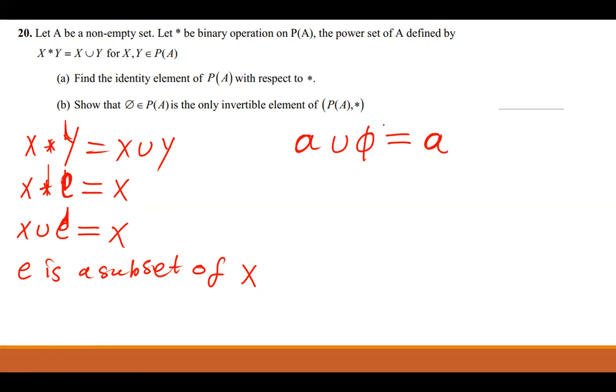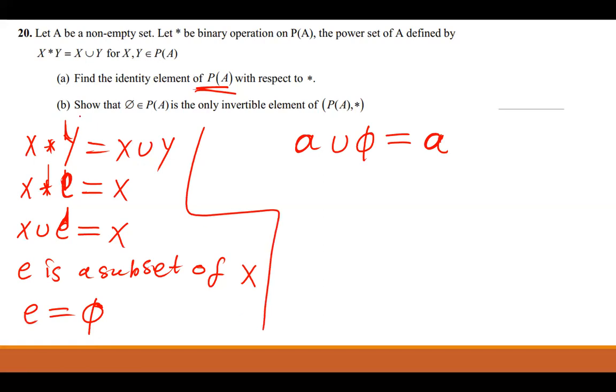So when you say A union empty set, the answer should always be A. So in this case, for X to be the answer after finding the union between X and the identity element, the identity element can therefore be concluded to be an empty set. So in short, the identity element of the power set of A is simply just an empty set.